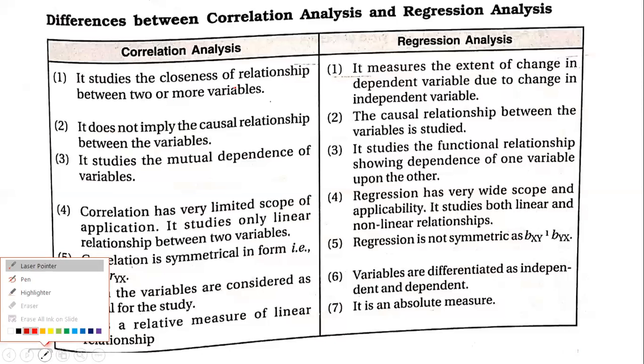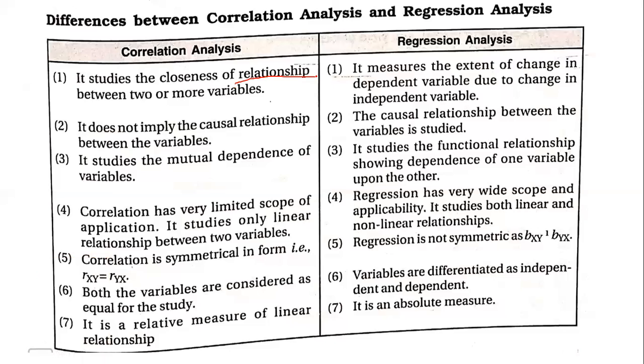In correlation, we will find the relationship, how good it is, the percentage of the relation. But in regression, if we change X, what is the effect of that on Y? That is expressed as dependent variable and independent variable.